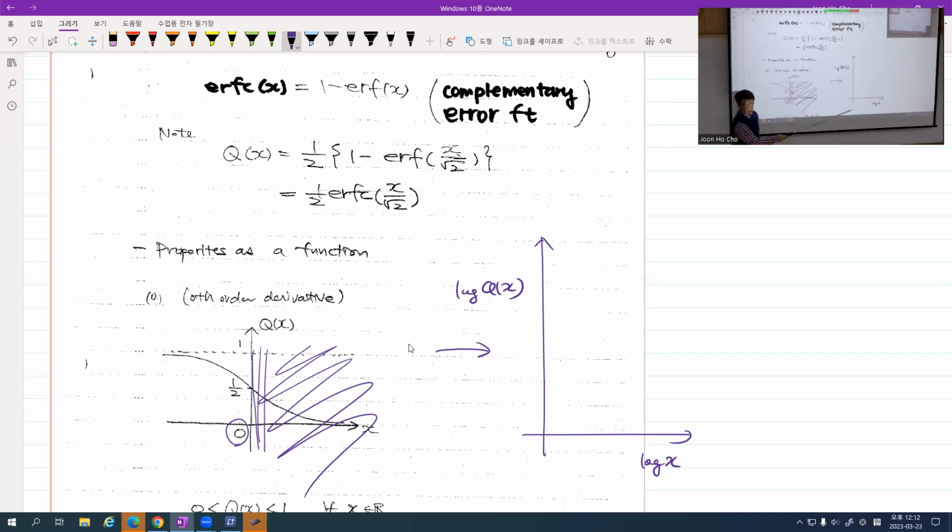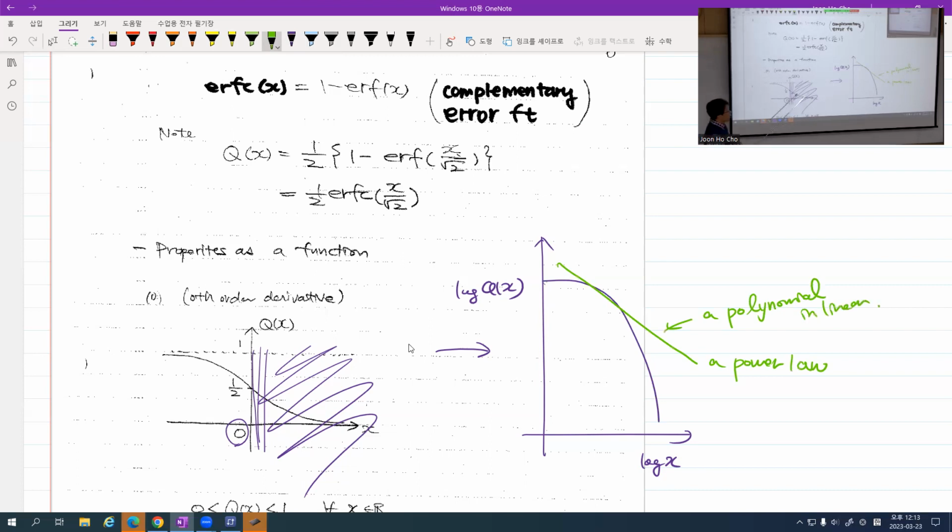And in log, it looks like this. Okay, what does this mean? In a log plot, if you see a straight line, that line follows a power law. What does that mean? It's a polynomial relation between y and x in linear scale.